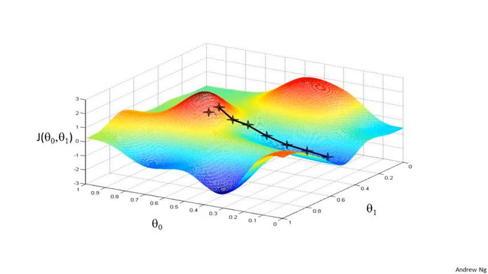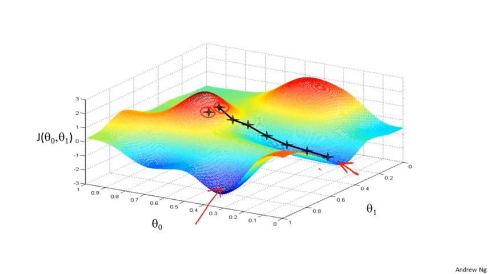If you started just a couple steps to the right, gradient descent would have taken you to this second local optimum over on the right. So if you had started at the first point, you would have wound up at this local optimum. But if you started in a slightly different location, you would have wound up at a very different local optimum. And this is a property of gradient descent that we'll say a little bit more about later.